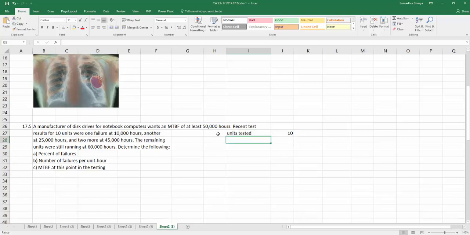So units failed at, there are multiple of them. So one failed at 10,000 hours. The second one failed at 25,000 hours. The third and fourth one failed at 45,000 hours. Yeah, the remaining units were still running at 60,000 hours.